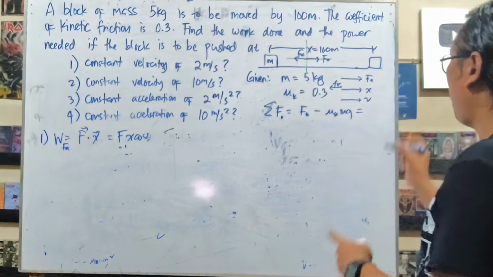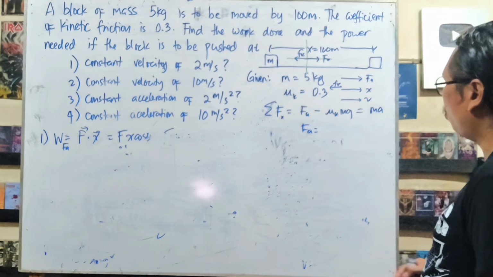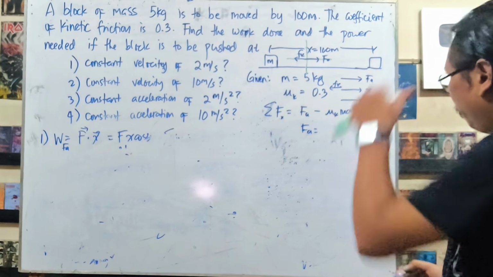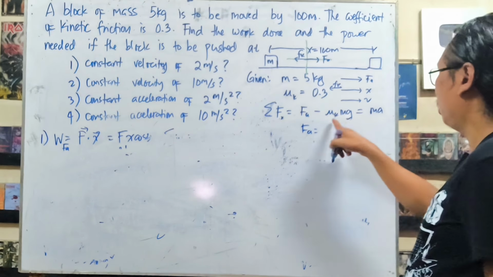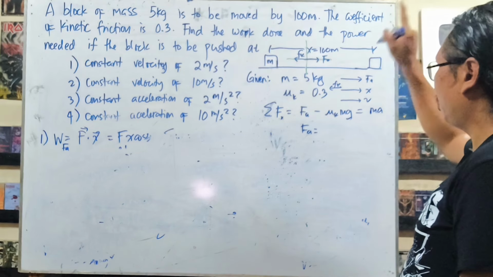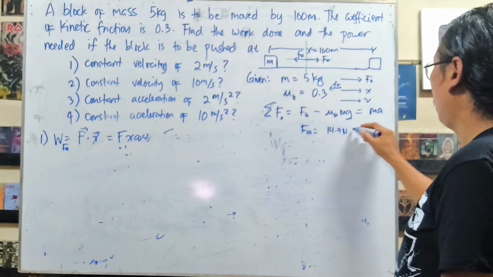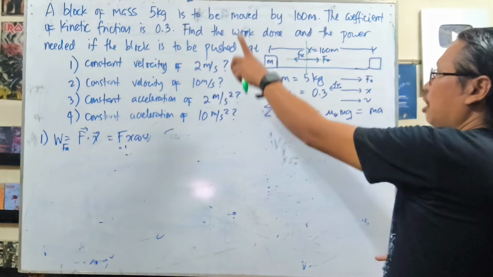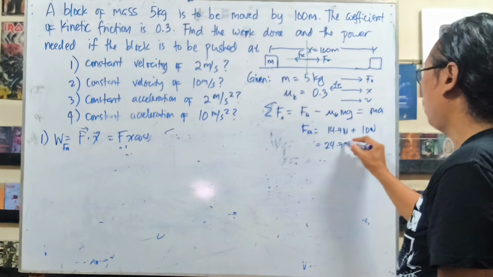This one is ma. So F applied would be equal to 5 times 9.8 times 0.3, this is 14.7 newtons, plus ma. ma is 5 times 2, this is 10 newtons. So this is now 24.7 newtons.